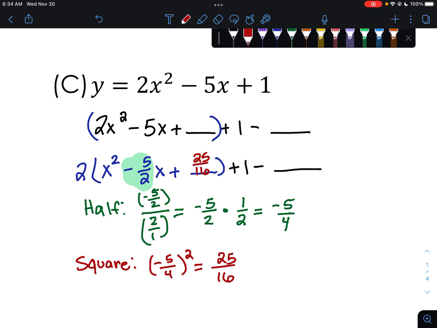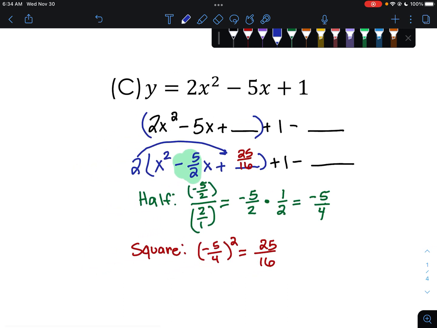But before we can put it in any other spots, we have to make sure we multiply by 2. So 2 times 25 over 16. We see that the 2 can cancel out the 16 and make it an 8. So it leaves me with 25 over 8. Again, you could type that into the calculator if you wanted to.